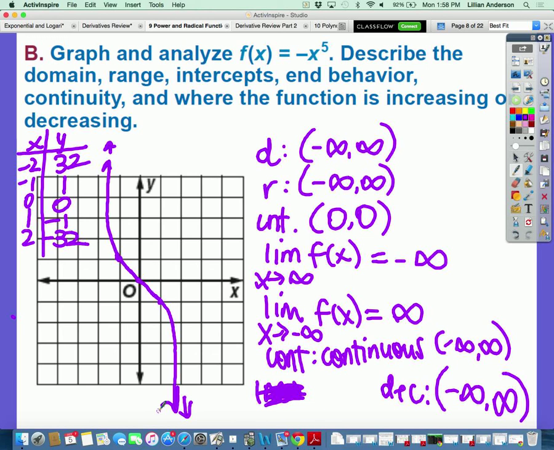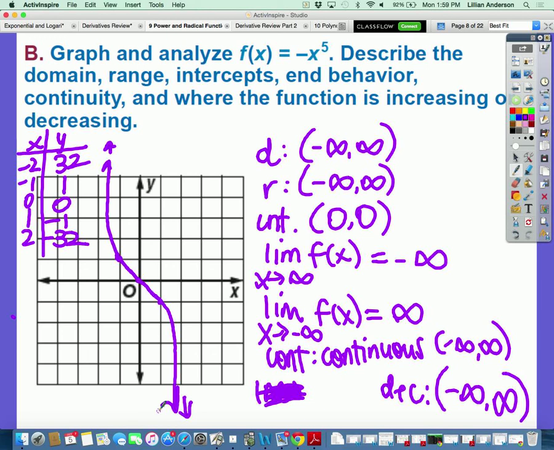There you go. Questions. Pretty simple, correct? And again, if you can at least remember all your features about a quadratic or a cubic, you can answer any other power.